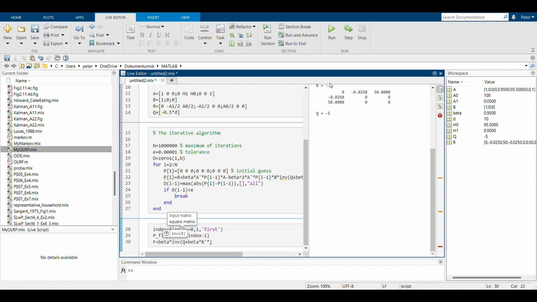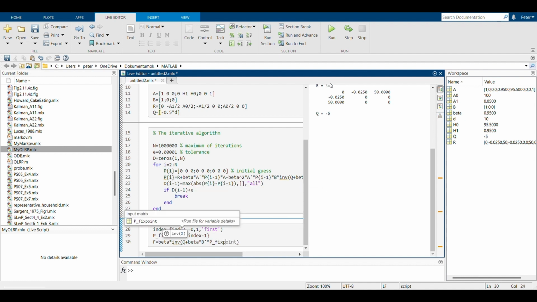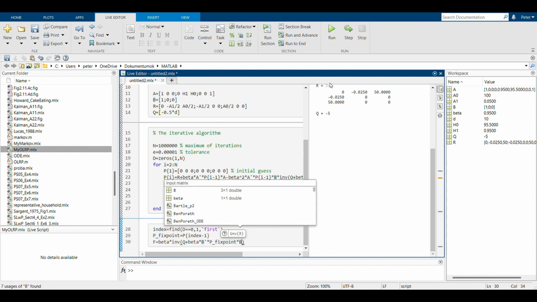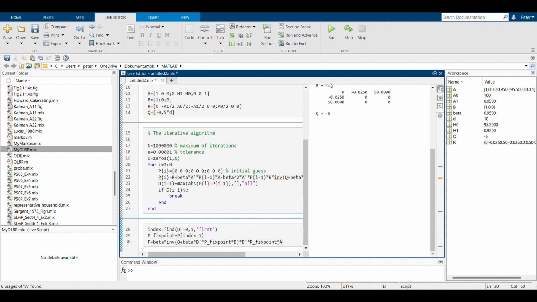P prime times P fixed point times B times B prime. Okay, I think we are done. I'm just double checking.